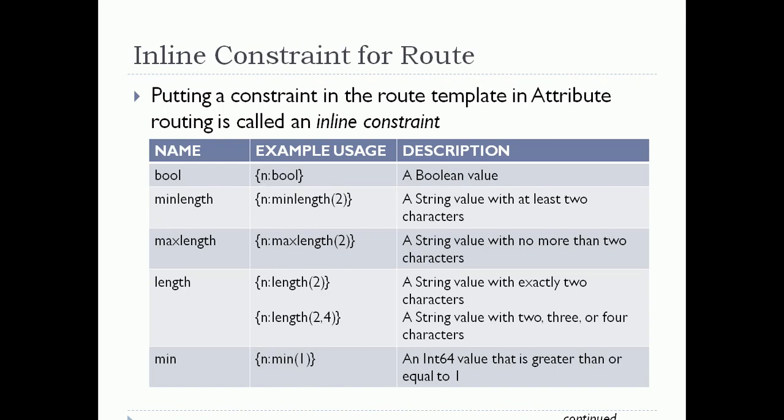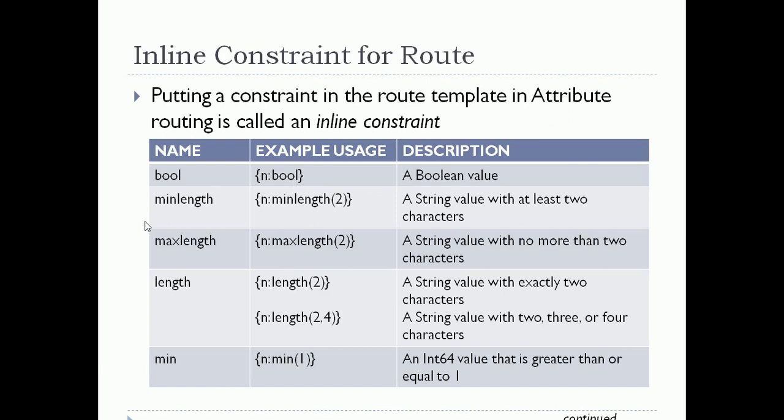According to your action method parameter, you can change this value. Now what it means: your action method will accept an argument of type boolean, that is true and false. If the value of the argument is other than true and false, your routing engine will show you a not found error. Similarly, like bool, there are other data types also that I have not listed here. You can specify int, long, datetime, etc.